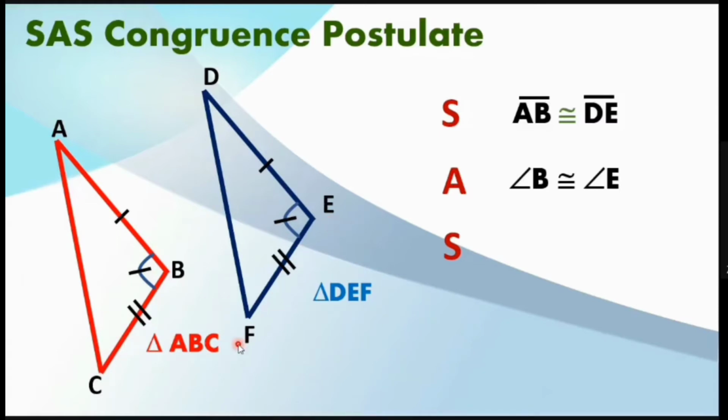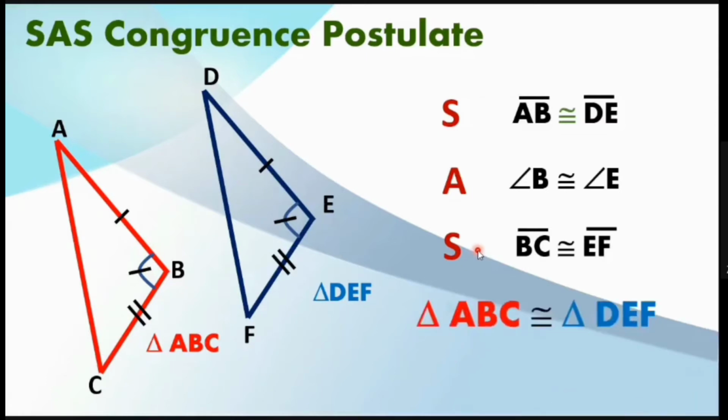Therefore, we can say that side BC is congruent to side EF. So these three statements here tell us that the two triangles are congruent based on SAS congruence postulate. So in conclusion, we can say that triangle ABC is congruent to triangle DEF.